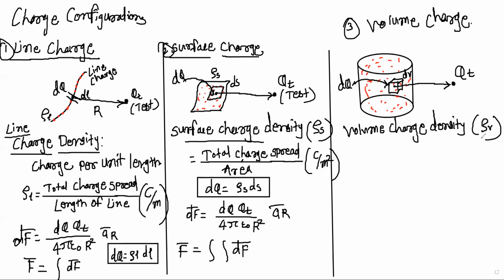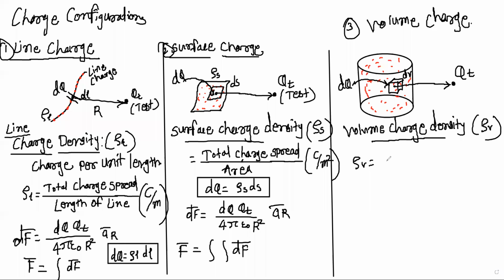But I'm trying to tell this by using some analogies. Here you are having line charge density, notation is rho L. Here we are having surface charge density, notation is rho S. Here we are having volume charge density, notation is rho V. So can someone tell me what is rho V?